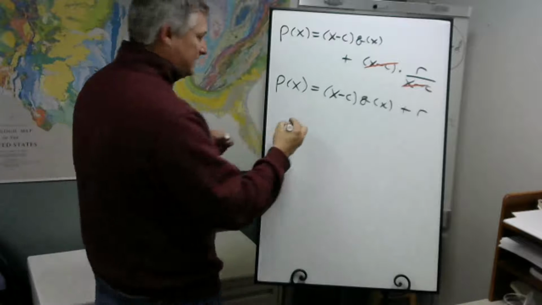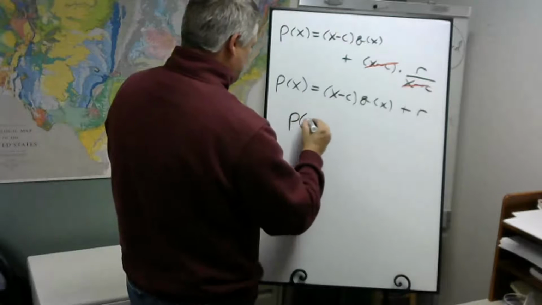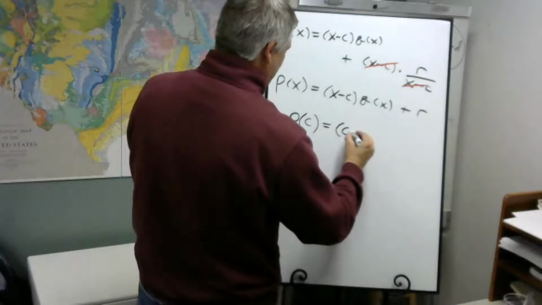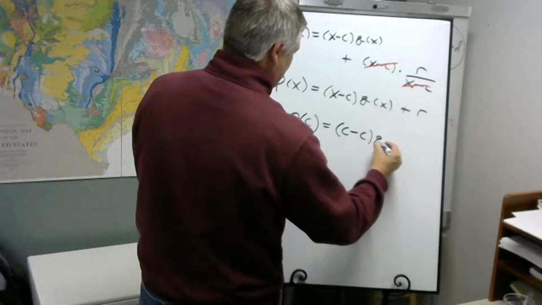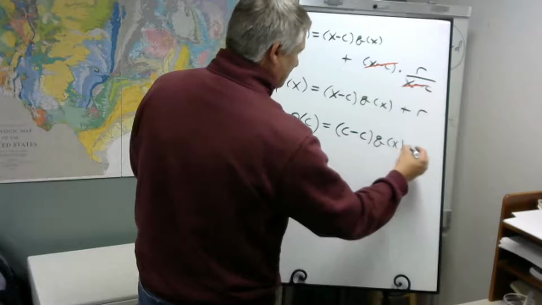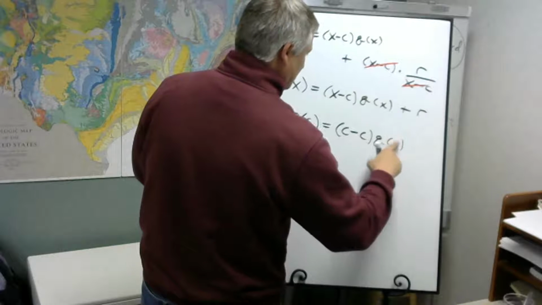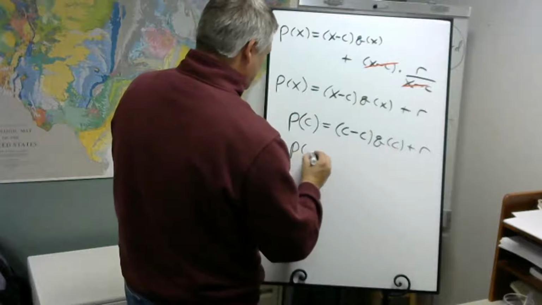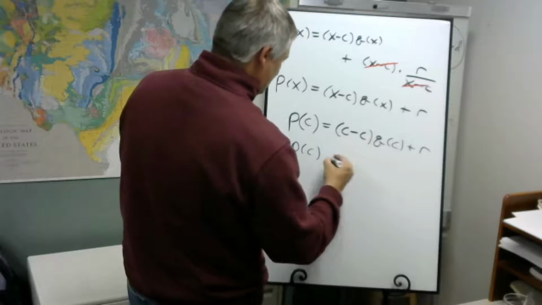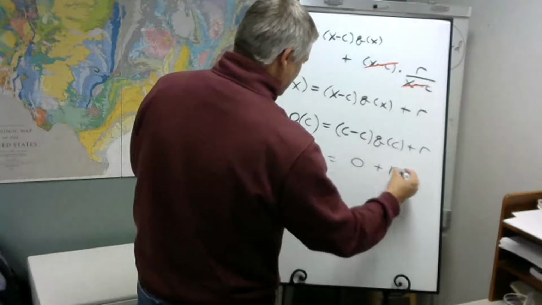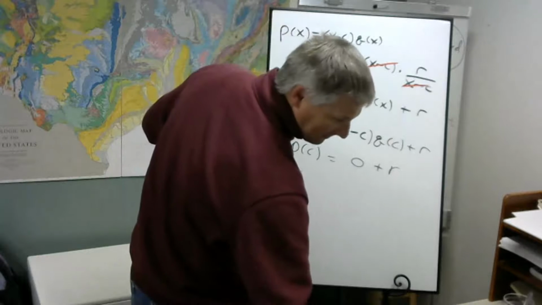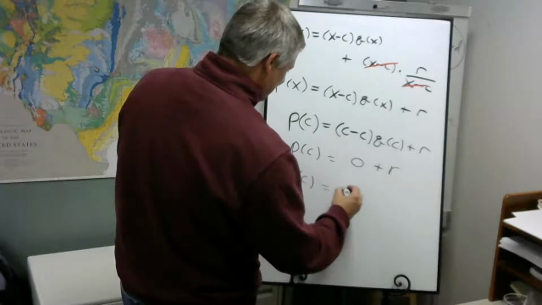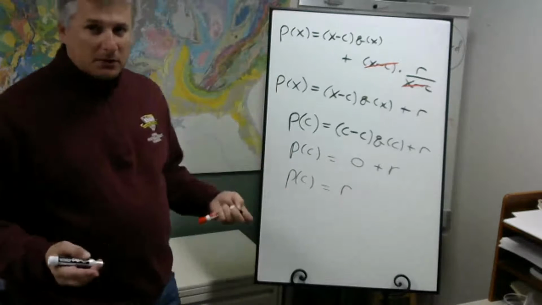If we take p of c, we replace x with c, we're going to get this. This is 0. So P of C is equal to R.